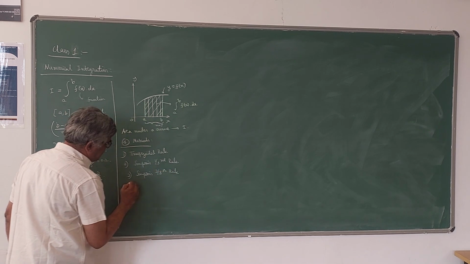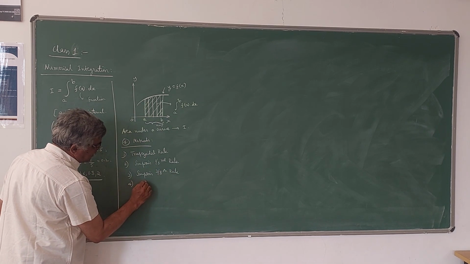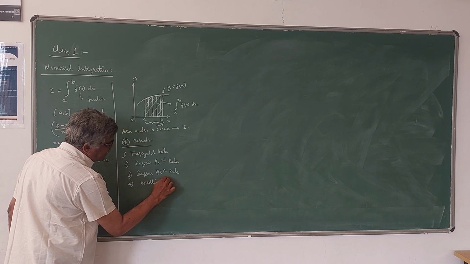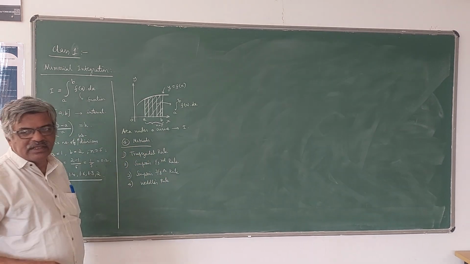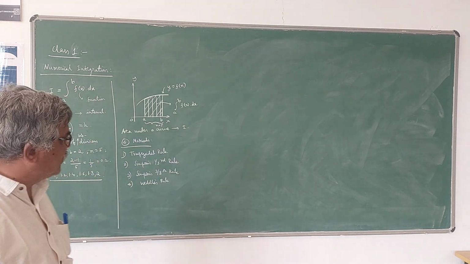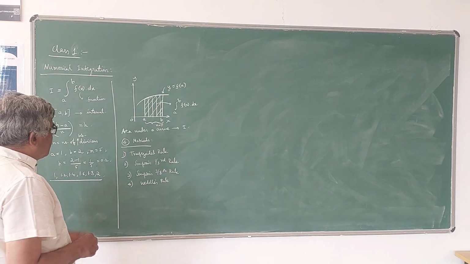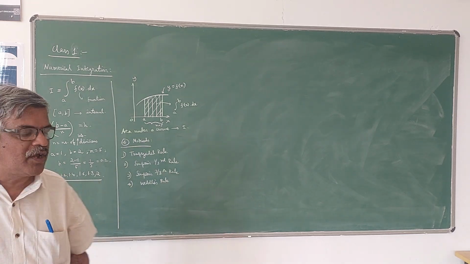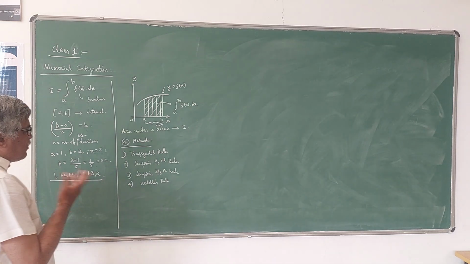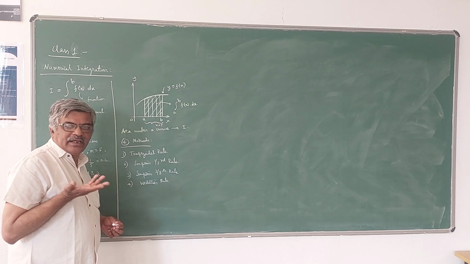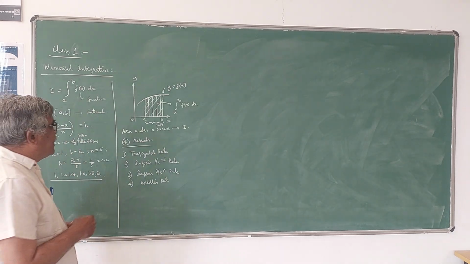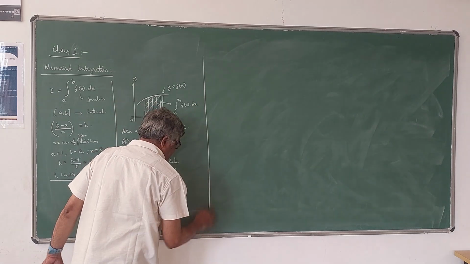And the fourth one is Weddle's rule. Of course, there are some more methods also available, but for your course, these 4 methods we are going to study. Each method has one standard formula, which you have to remember. Using that formula, you can directly substitute the values and get the integral value, the I value.